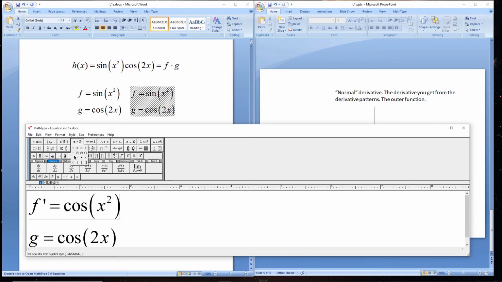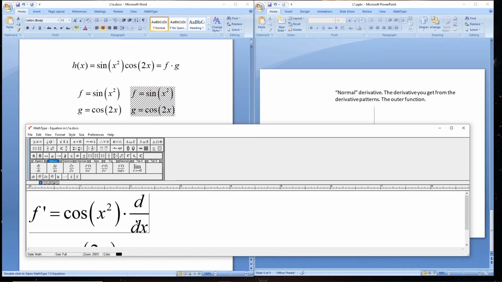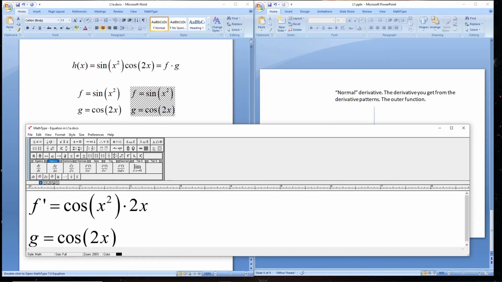And the chain rule says, cool, you did the normal derivative, but now you need to multiply by the derivative of the argument. And what's the derivative of x squared? It's 2x. And now, since x is just x, that means the chain rule is done.